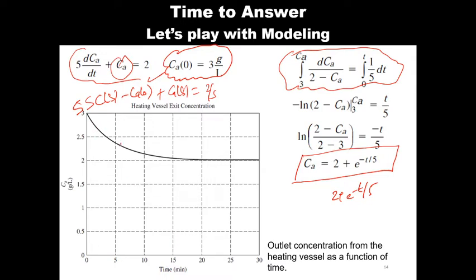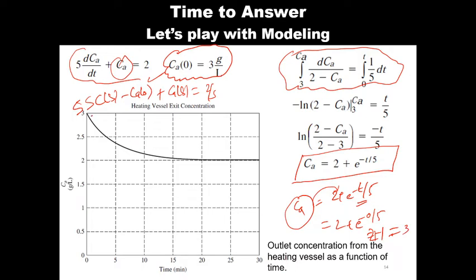What does this mean? If t is equal to 0, then what is the value of Ca? Ca is 2 plus e to the power minus 0 by 5, which is e to the power 0, so it is 1 plus 2 is equal to 3.